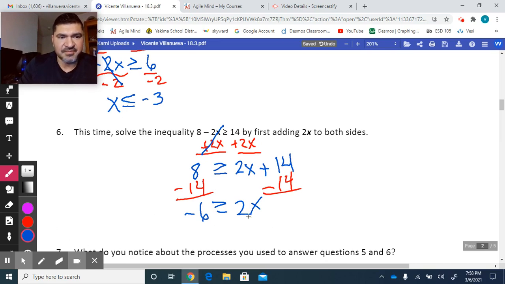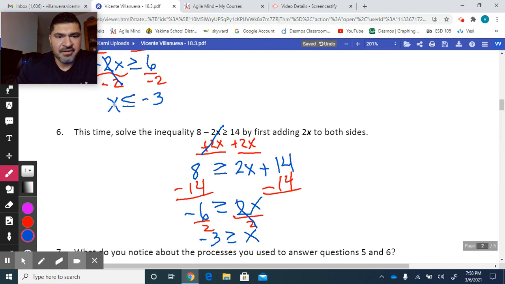Okay, I still need to get the x by itself, and I have multiply by 2. How do we get rid of multiply by 2? We divide by 2. Negative 6 divided by 2, that is negative 3, is greater than or equal to 2 divided by 2 is 1. 1 times x is x. Now take a look at the difference between this and then this.